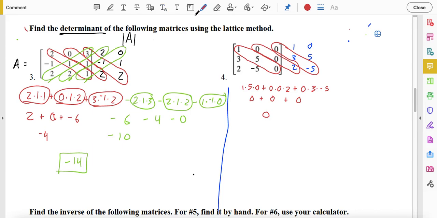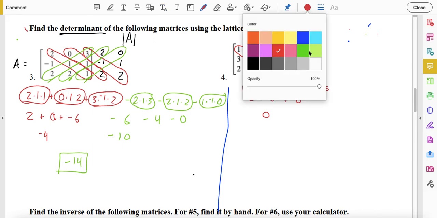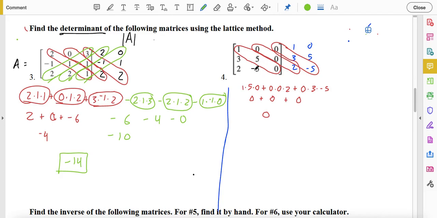All right, now I got to do the subtracted ones. All right, first diagonal, second diagonal, and third diagonal. I'm subtracting the product of each of those trio of numbers. So I've got minus 2 times 5 times 0, minus negative 5 times 0 times 0.